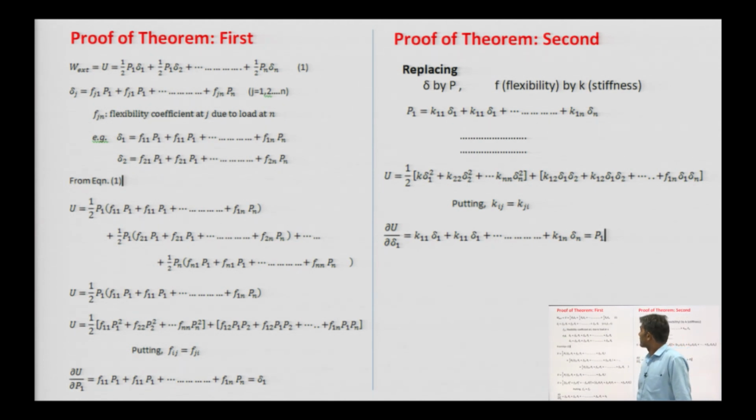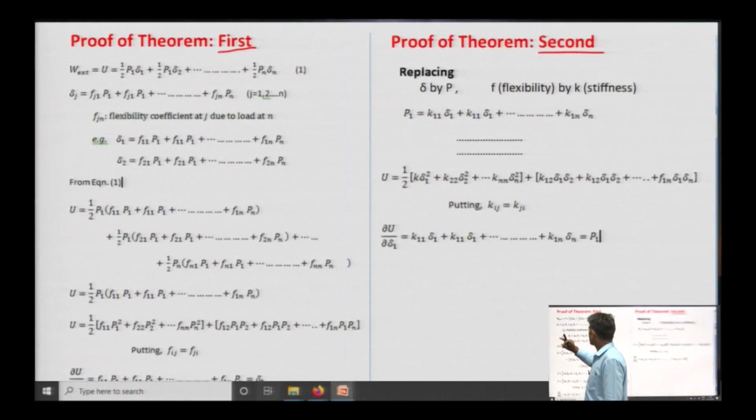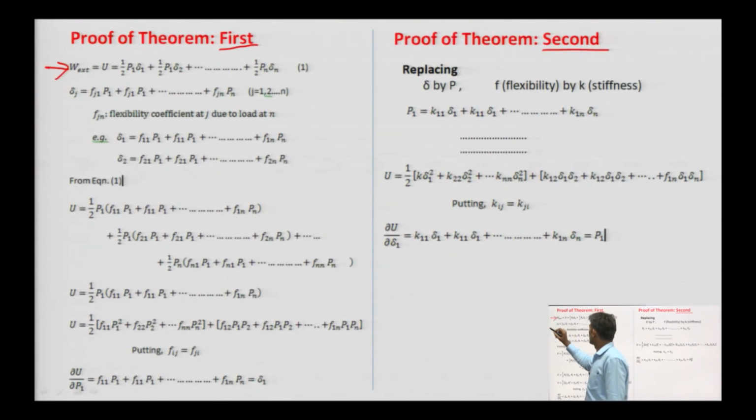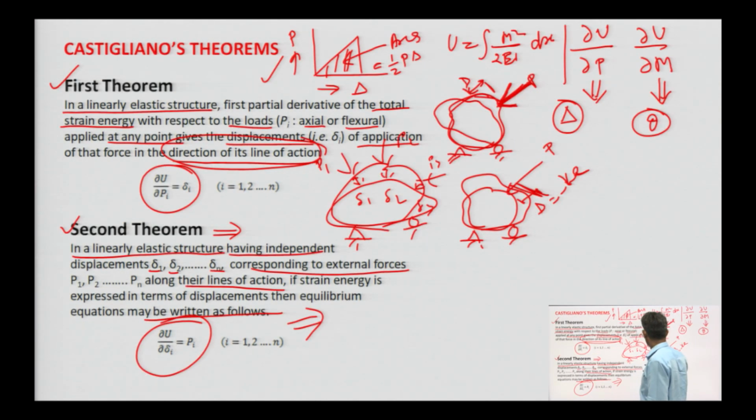Okay. Proof of theorems 1 and 2. Theorems 1 and 2 can be proved very easily. As we know, the external work done, U, is half P1 delta 1 plus P2 delta 2 and so on.